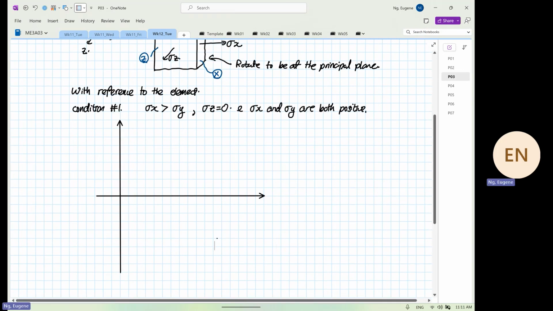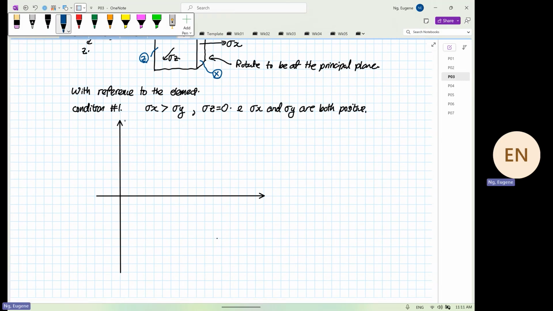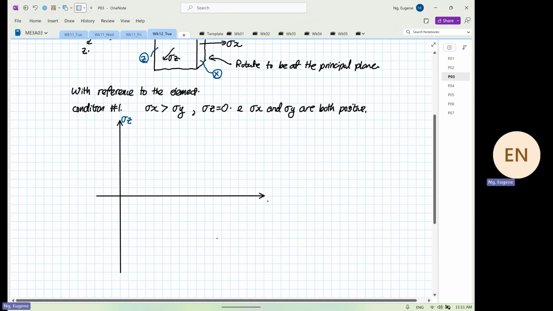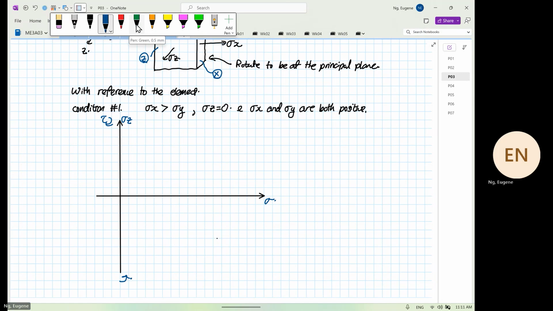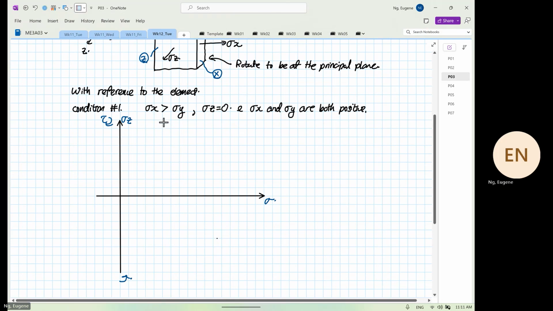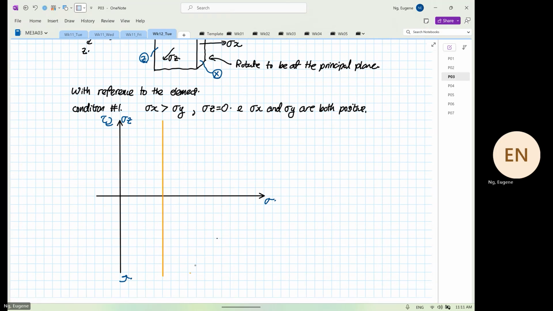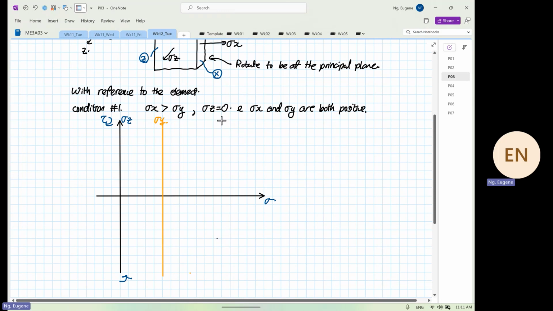And we are aware that over here, this is our stress Z line, so the vertical is our stress Z line. Then next comes our stress Y line. And the last line that I'm going to sketch is our stress X line.